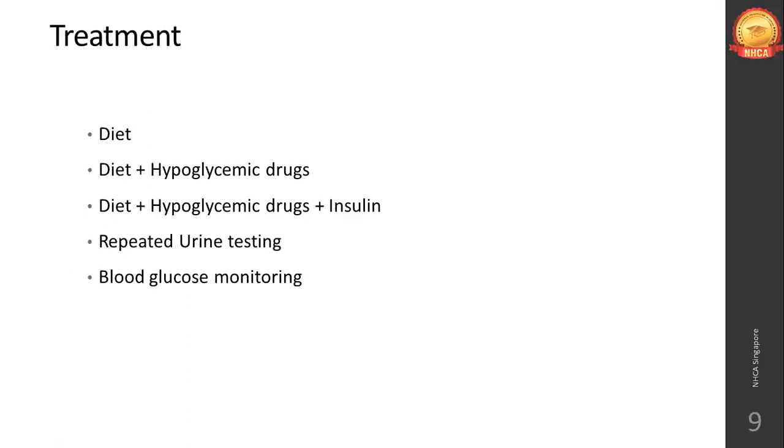Next is treatment. Treatment has a lot of options based on what kind of results the patient has, and it is decided by the endocrinologist or diabetologist. They will decide what kind of treatment is required in a particular case.